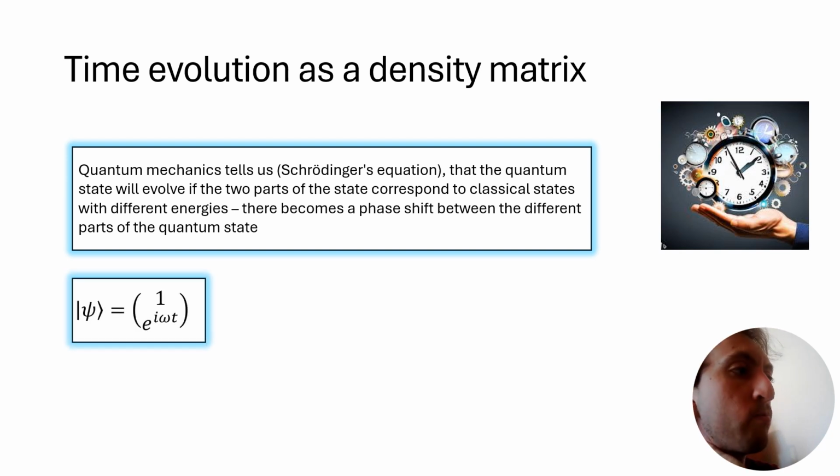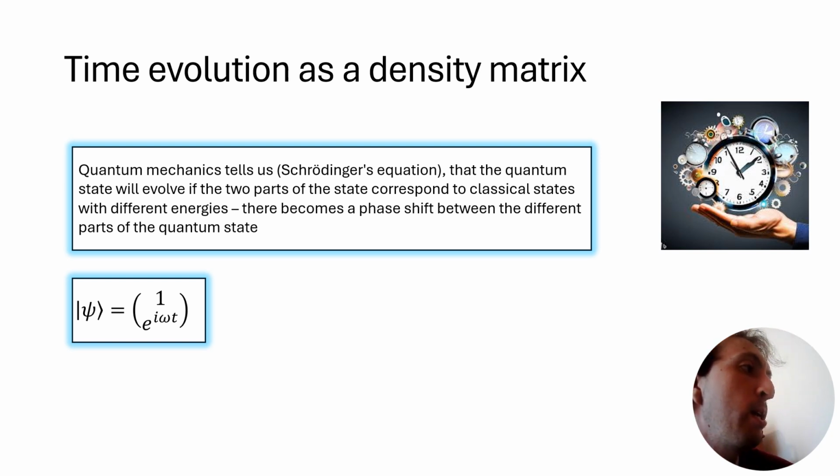This does get sometimes quite unintuitive, but I wrote it here for example. Because of Schrodinger's equation, one of our components picks up a phase shift, and the phase shift is described by the unit complex number e^(iωt). Now, e to the i anything is a unit number.